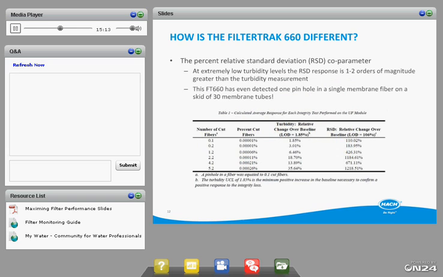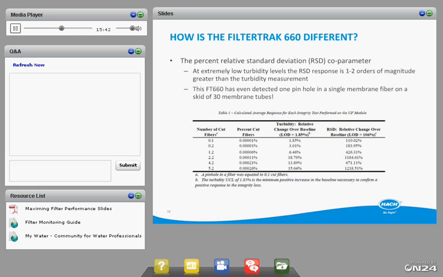And lastly, we talked a little bit about the sensitivity of the instrument, but it's worth giving a concrete example of just how sensitive the instrument is. The FilterTrack 660 sensitivity is so fine that it's sometimes difficult to tease out from turbidity values alone what events are worth paying attention to. That's why we have a coparameter called percent relative standard deviation, or RSD, that we trend with this instrument.